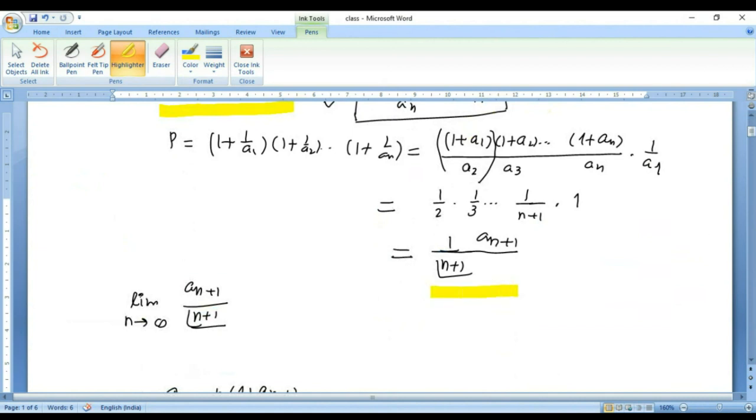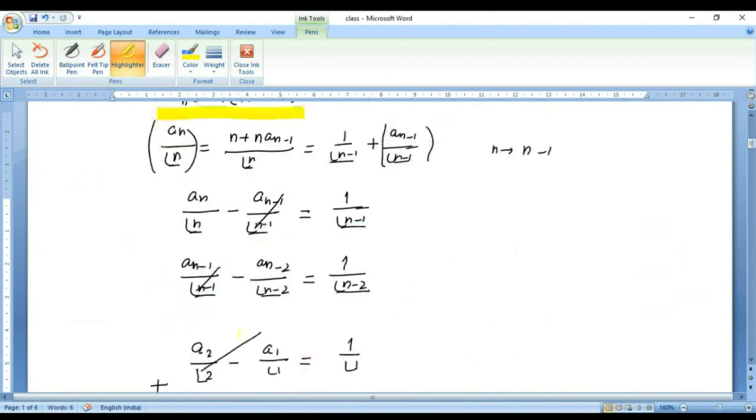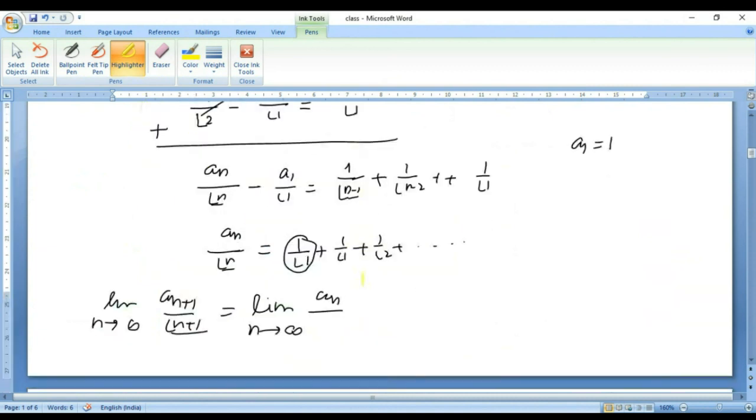So whatever is left is that we want to find this limit. Again, we have used the same recurrence relation in a different way by dividing by n factorial. And then it's a sort of telescope from here to here. When we telescope the sum, we end up with the expression for a_n over n factorial, this step.